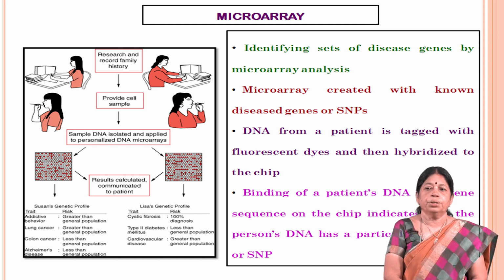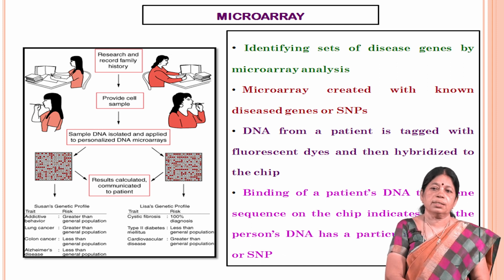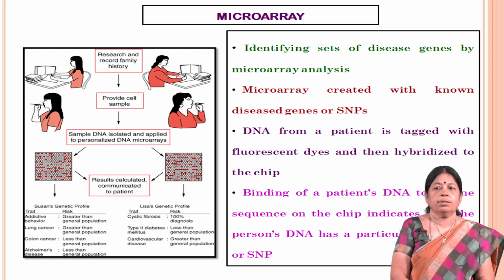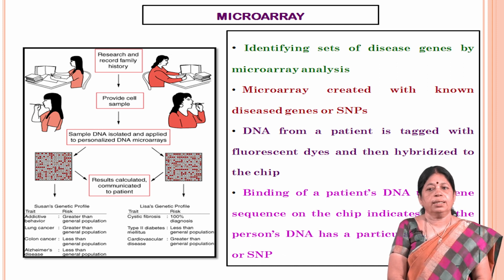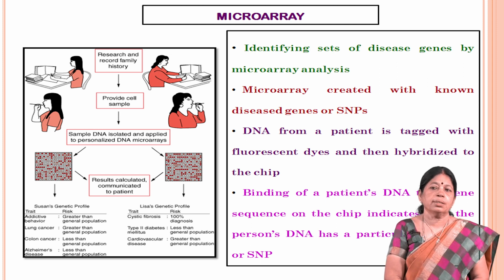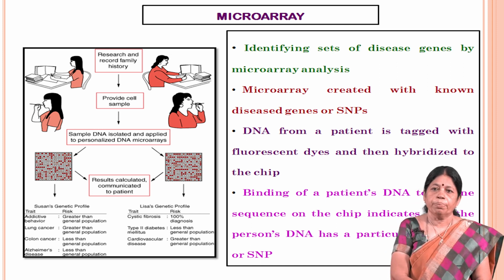That is, due to the mutation, there won't be the hybridization. So we are taking the binding of patient DNA to a gene sequence on the chip, and this indicates the person's DNA has a particular mutation or SNP, because the mutation occurs at a particular point.